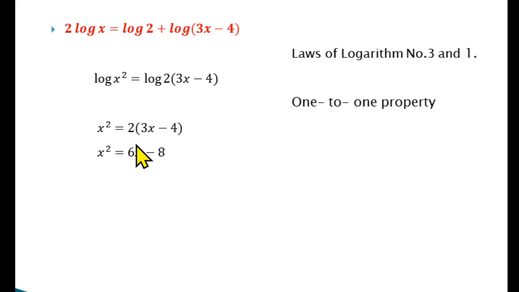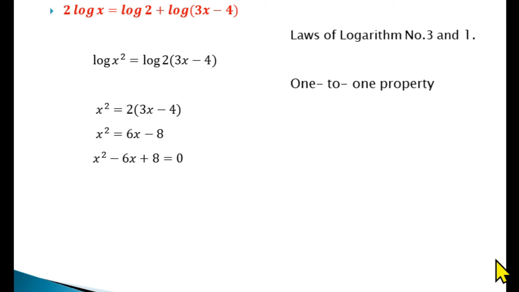Performing the operation, 2 times 3x, we have 6x. 2 times negative 4, we have negative 8. So we get x squared equals 6x minus 8. Equating our equation to 0, this becomes x squared minus 6x plus 8 equals 0.